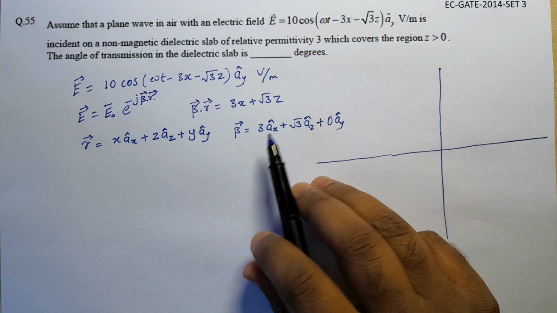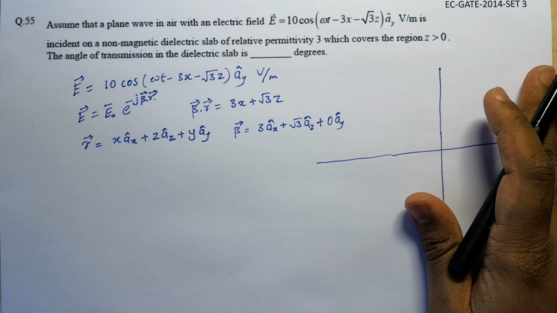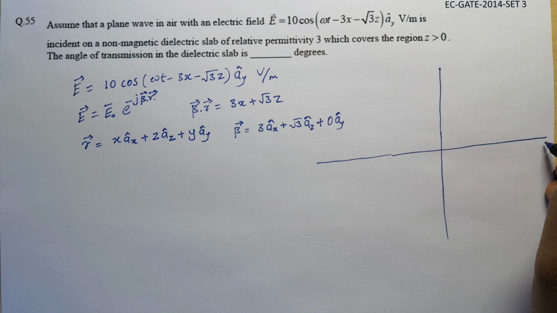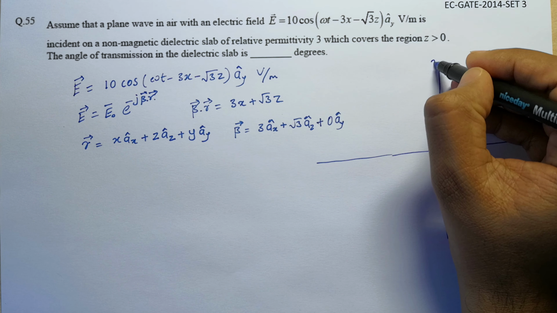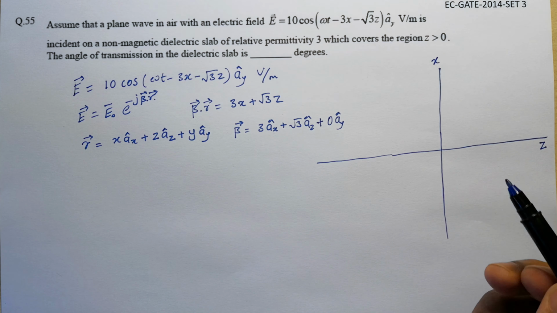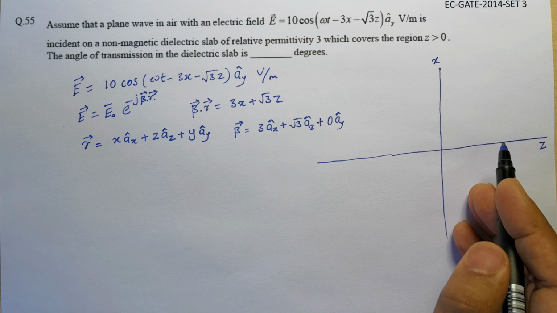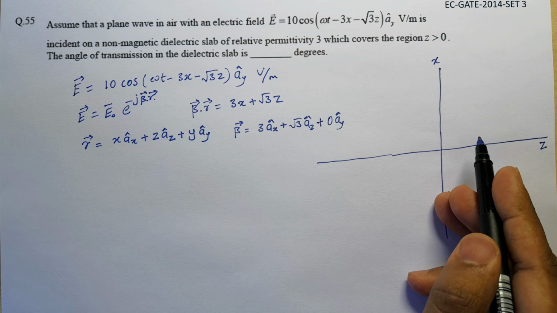So, let us just assume that this plane represents x and z. Let us say this is z axis and this is x axis. The first thing which is quite important is to fix the axis accurately in order to get the right answer.